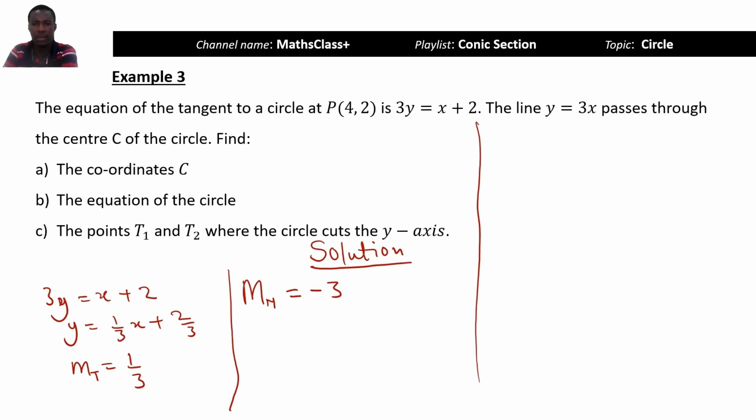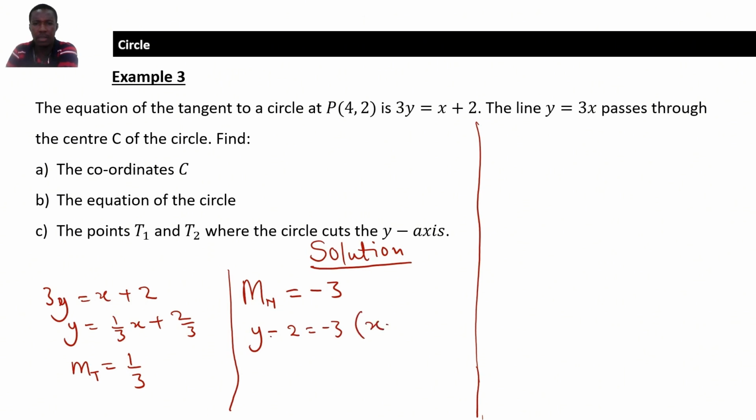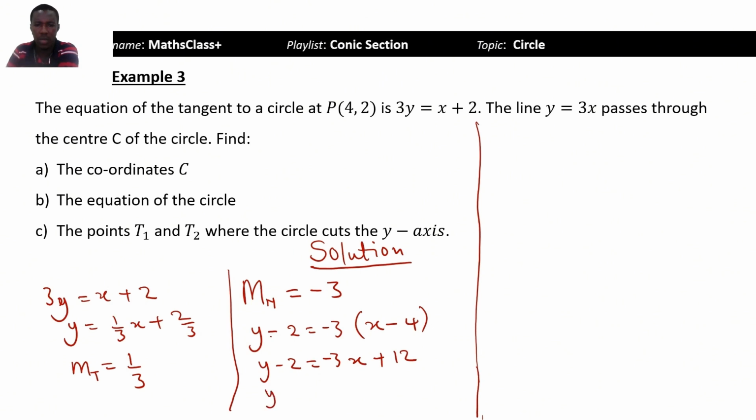Now with this given, I can find the equation of the normal because I know that it passes through the point P. So the equation of the normal will be y - 2 = -3(x - 4). So y - 2 = -3x + 12, and so my equation will be y + 3x = 14.